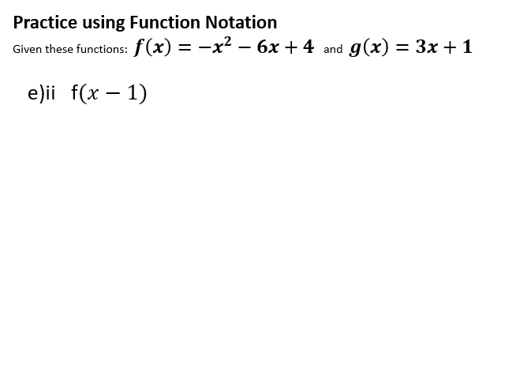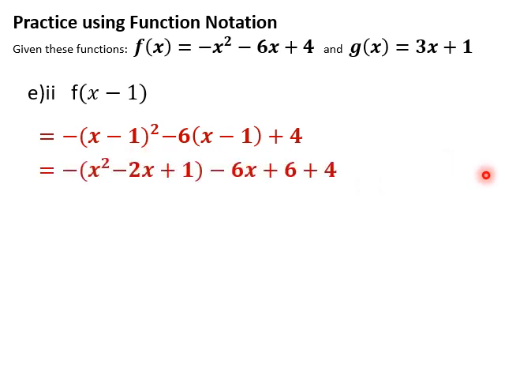All right, f of x minus 1. If you want to pause the video and figure out that one. All right, so we're plugging in the x minus 1. We've got to FOIL that first binomial, and the negative 6 gets distributed here. And so we FOIL that out.